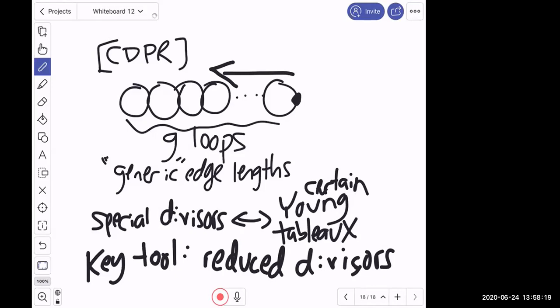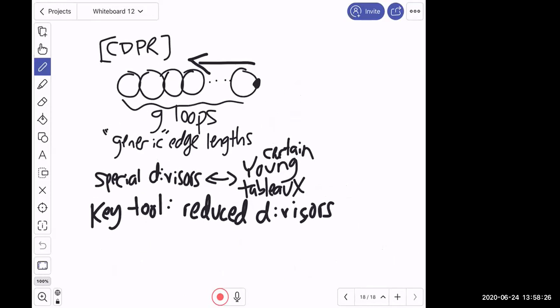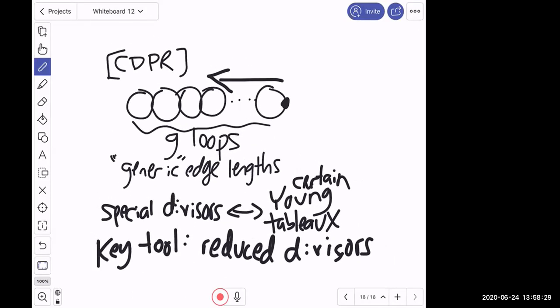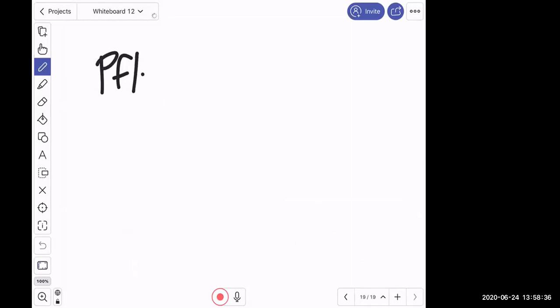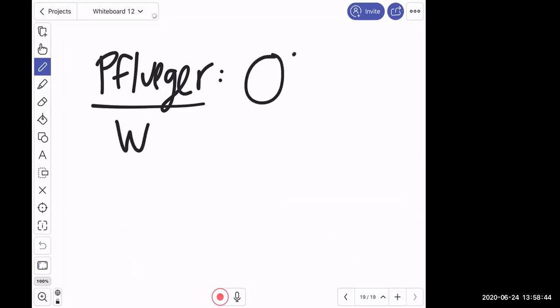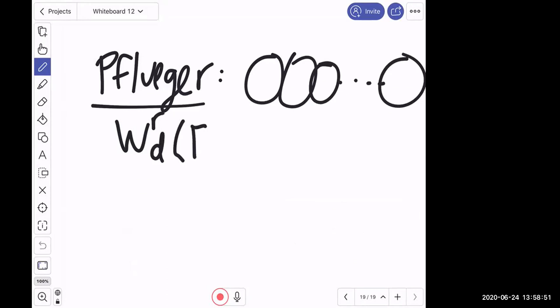And I'll just advertise that the state of the art now has gone beyond CDPR, because we can now do this for non-generic edge lengths as well. So I just want to advertise some work by Nathan Pflueger. Nathan Pflueger figured out, on this same chain of loops, exactly when W^r_d is empty or not.